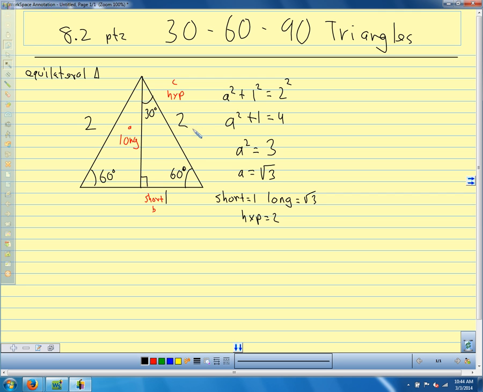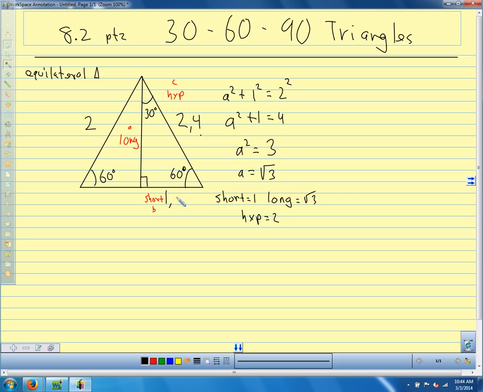If the side length of the equilateral triangle is 4, the altitude cuts this side in half. All right, so if the side of the equilateral triangle is 4, what does that make my short side?